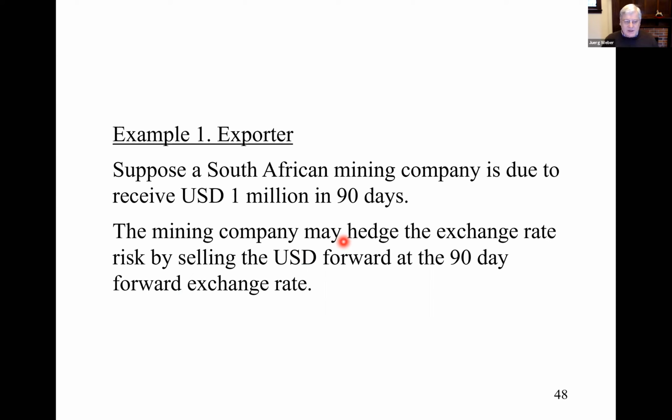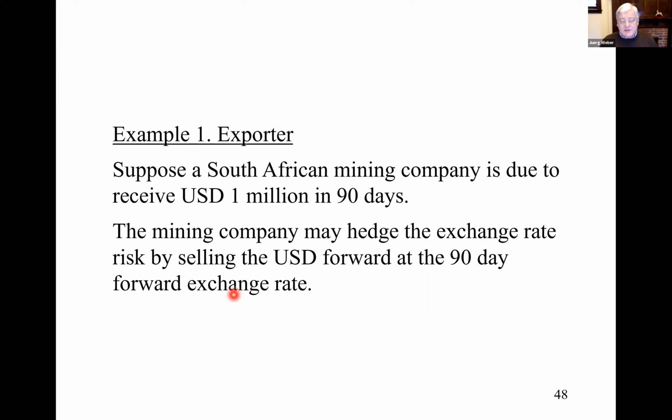And that's in international trade, that's commonly done, because a mining company should not speculate. A mining company knows, okay, in the future they will get those dollars, but they don't know the exchange rate here in 90 days time. And so because they can sell those dollars already today at the forward exchange rate, they can lock in the exchange rate, and then they know exactly what they get.